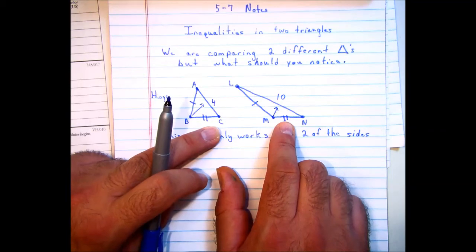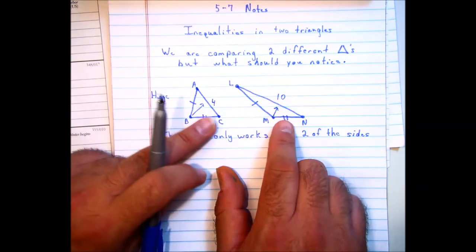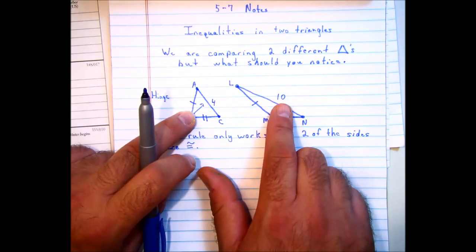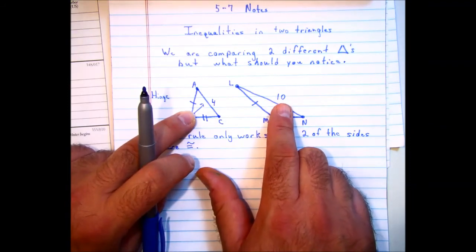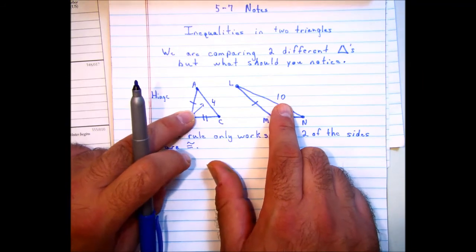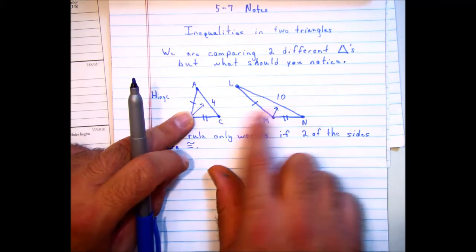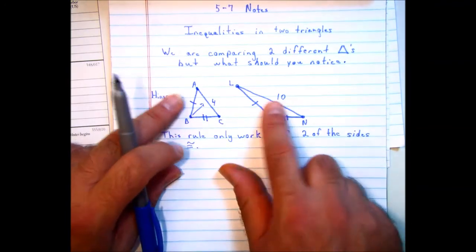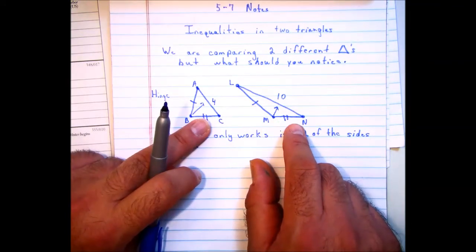It only works if the two sides are congruent. Then the side across from the angle is going to be as big or in proportion to the side across from this angle.